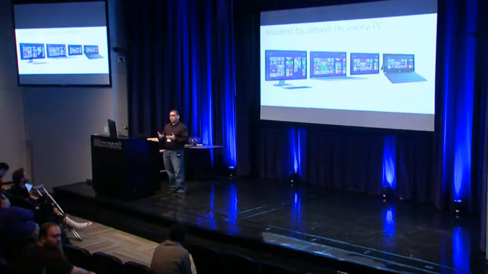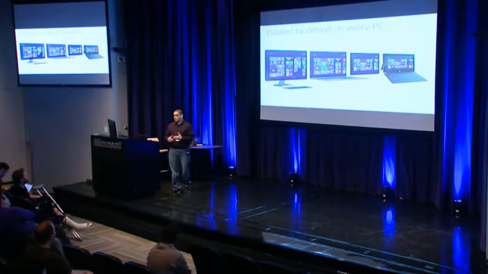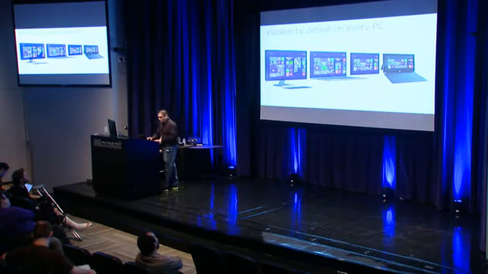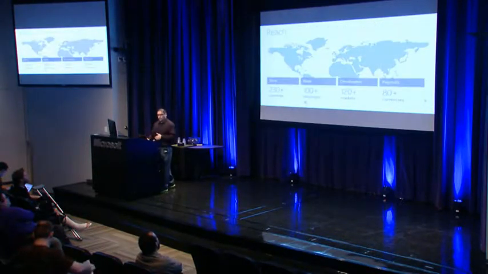So lots and lots of PCs. Think about it, there's 1 billion PCs out there. Windows 7 has been around a little bit less than 2 years, and we have 700 million Windows 7 machines out there. As all of those machines get upgraded to Windows 8, the store will be available to all those users, ready to find your application. So just think about how many people you could reach.